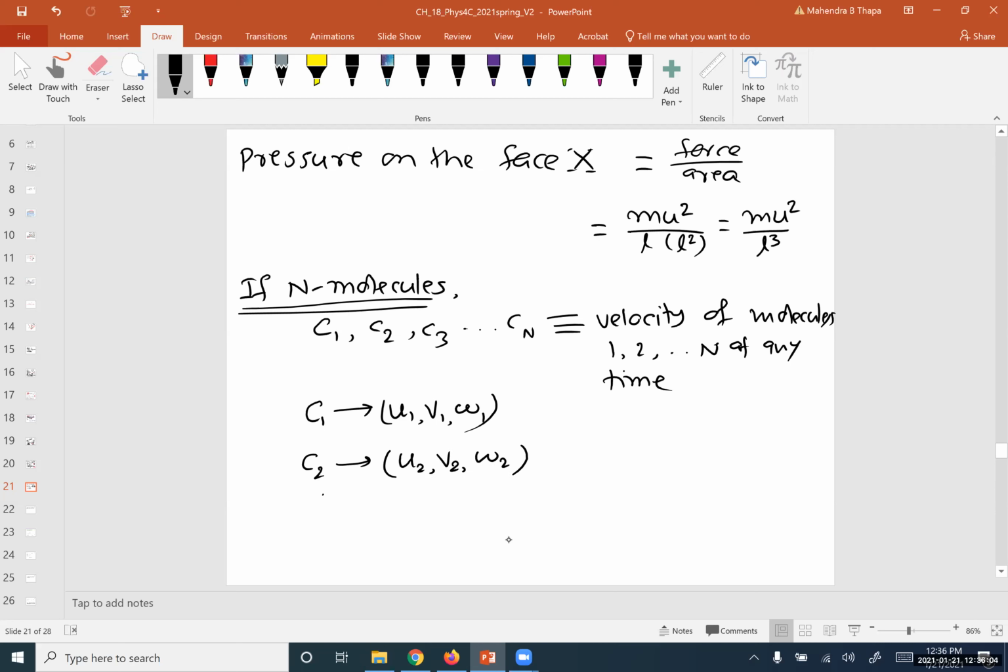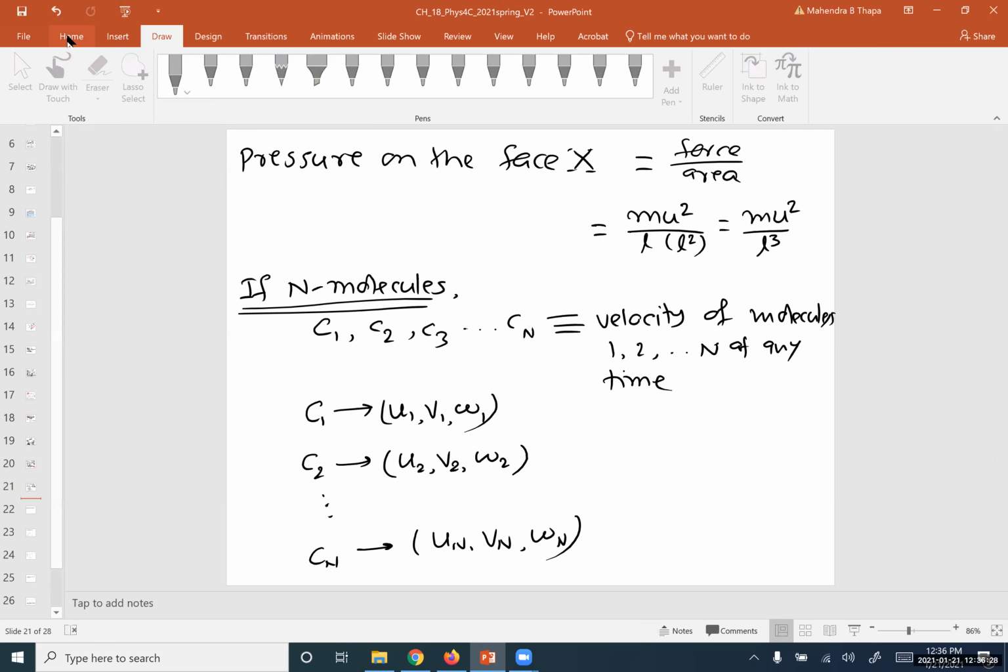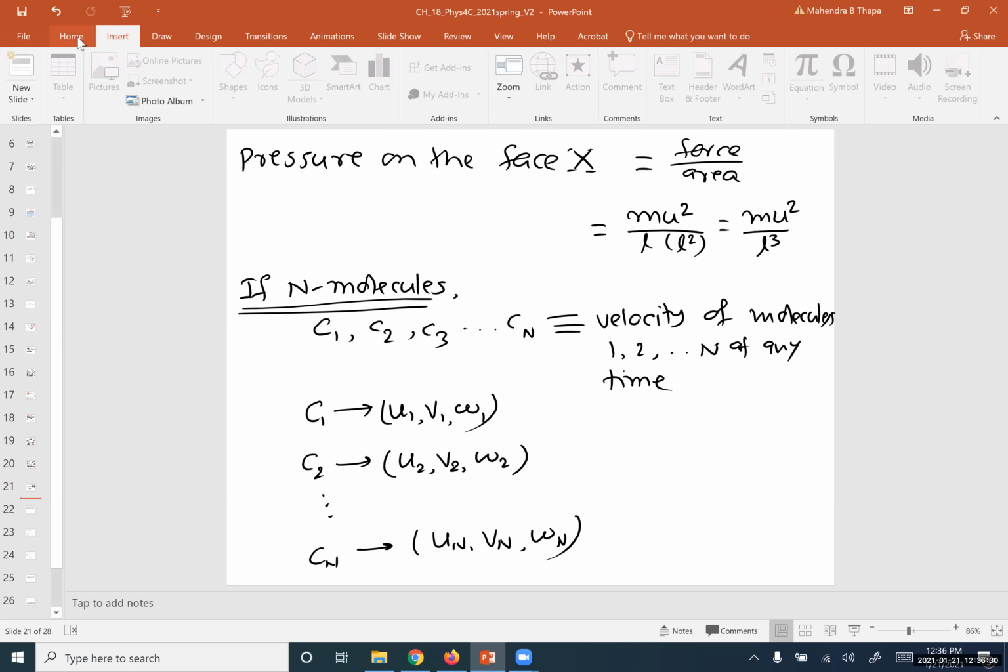Similarly, if you keep going like this, for the nth molecule having a speed Cn, it has 3 components, un, vn, and wn. So now, instead of considering just one particle, we are considering n particles over here.